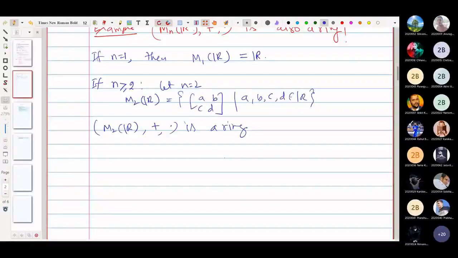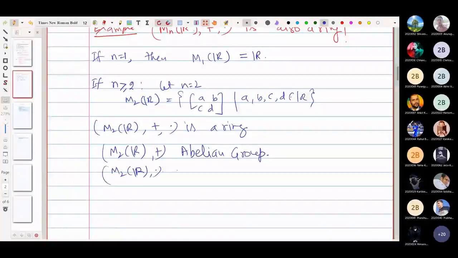Of course, you know that M2R under addition is an abelian group, and matrix multiplication is associative, so this is a semi-group.